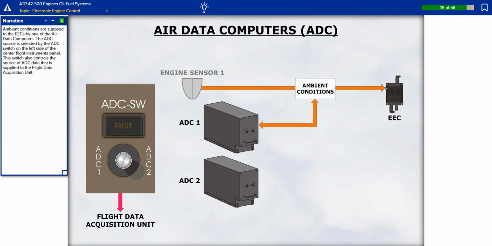Ambient conditions are supplied to the EECs by one of the air data computers. The ADC source is selected by the ADC switch on the left side of the center flight instruments panel. This switch also controls the source of ADC data that is supplied to the Flight Data Acquisition Unit.